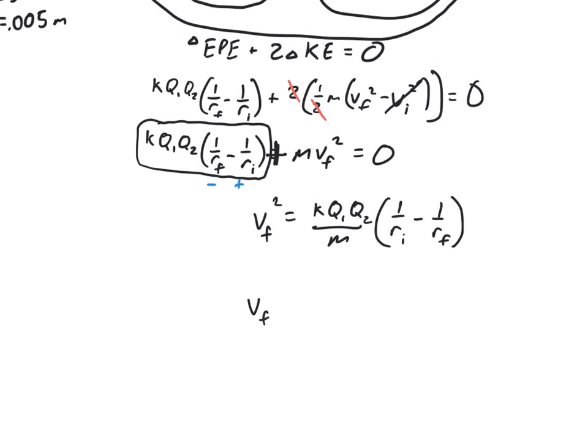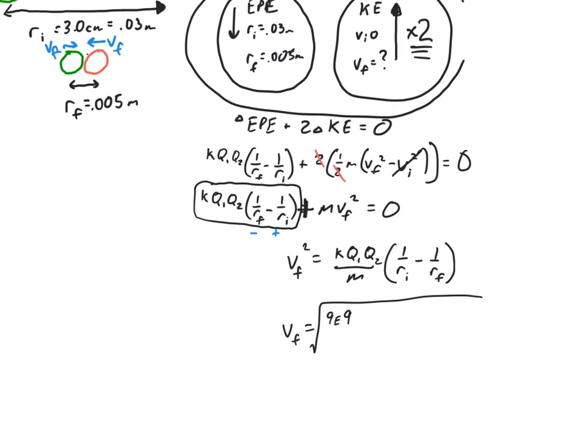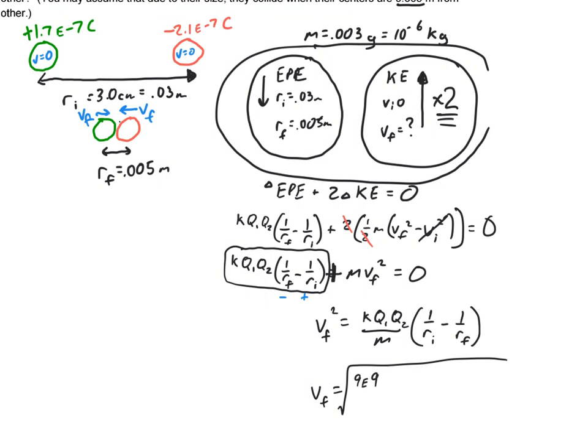V final will be equal to the square root of k, which is 9e9 approximately, q1, which I wrote down way up here. Q1 is going to be the positive number, 1.7e negative 7.